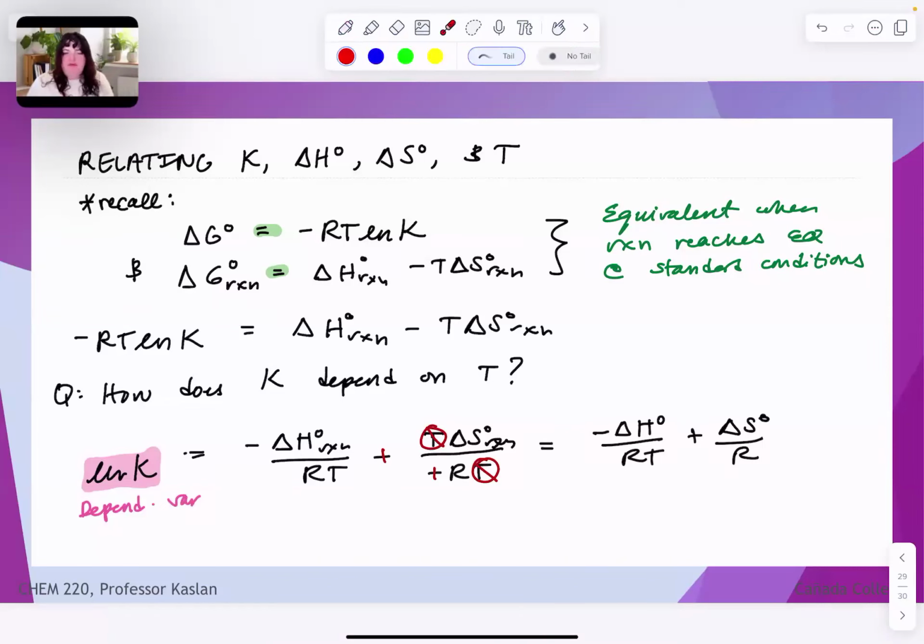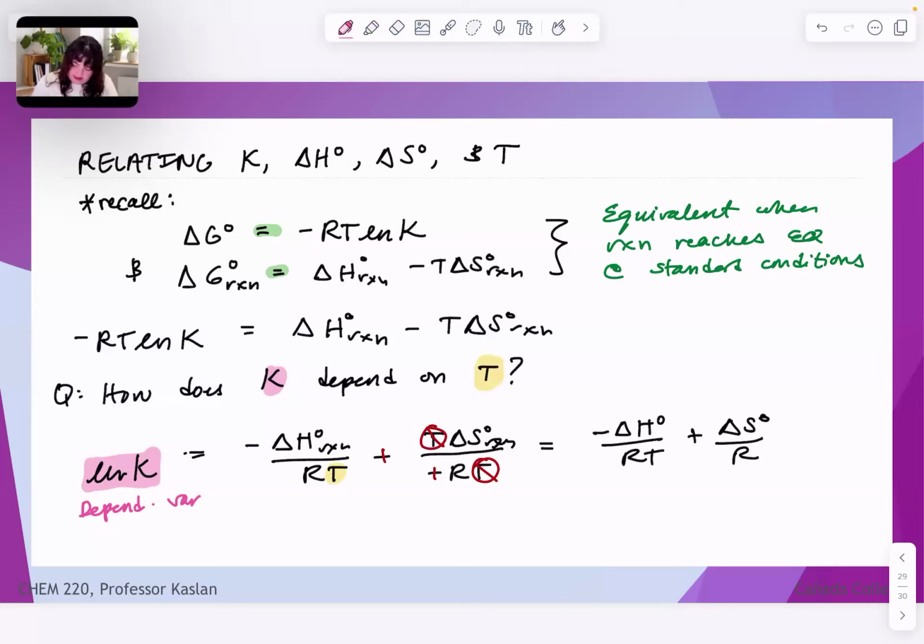And now we want to figure out the independent variable. Like if we change this, the K is going to change as a result. And that thing is, again, temperature. So if we're looking at how K is going to be affected by temperature, then let's isolate our temperature term, which is in the denominator.